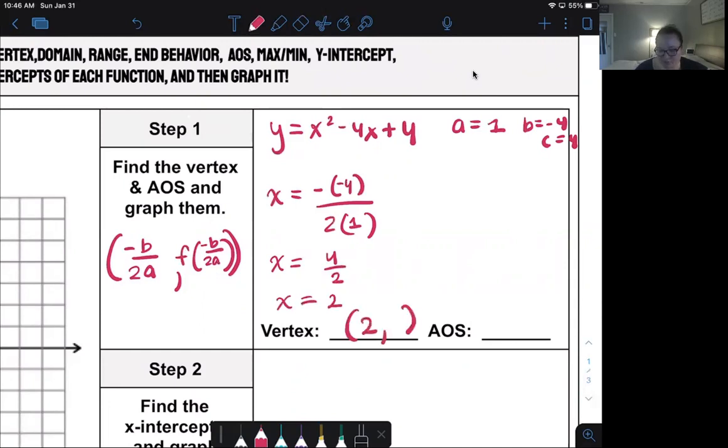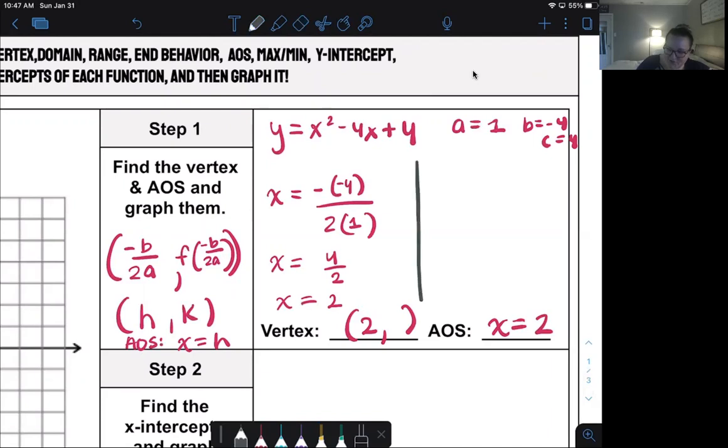So my vertex is going to be at 2, something. Remember, our vertex is the point (h, k). The axis of symmetry is always the line x equals h. So now that I know that my h value is 2, I know my axis of symmetry is x equals 2. Now we're going to plug that into the function to find the y value of our vertex. So we're going to plug 2 in.